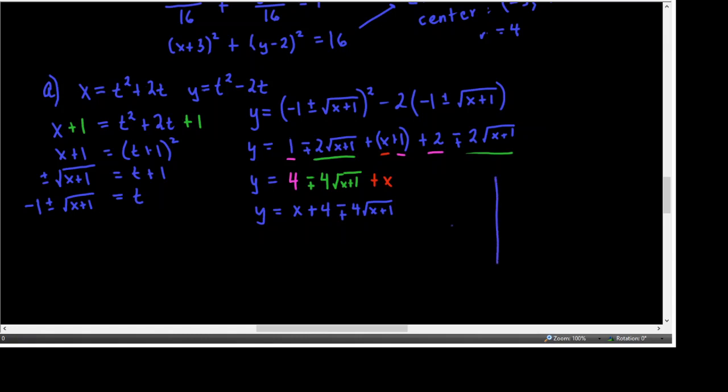And what you should see, although probably not perfectly drawn, but not too bad, I guess, is something that looks like this. Something like this. A parabola that doesn't open to the right nor does it open up.